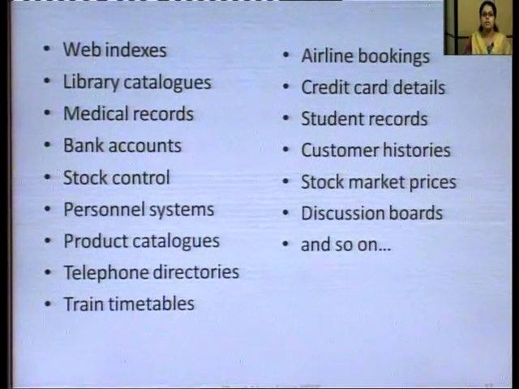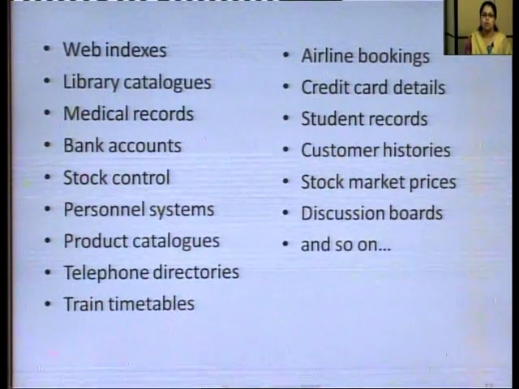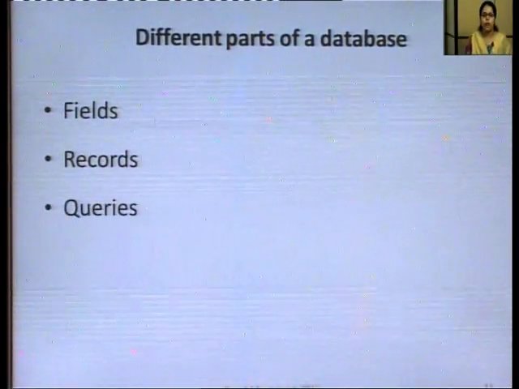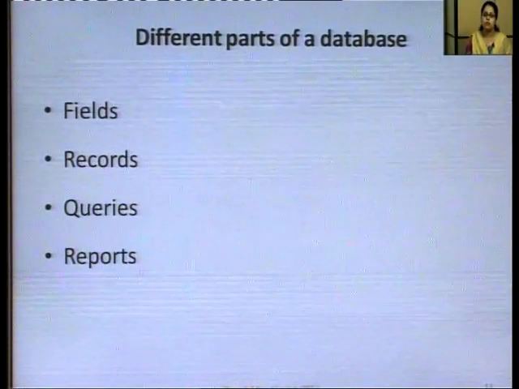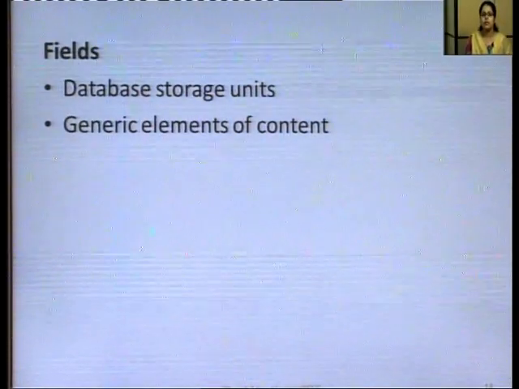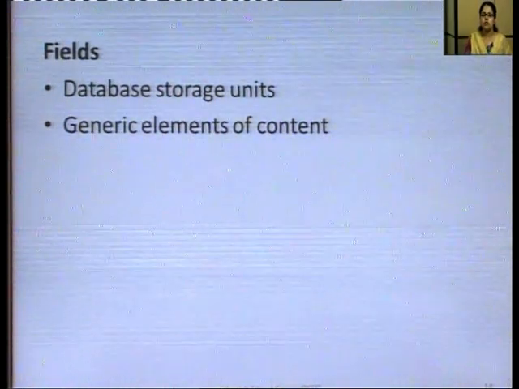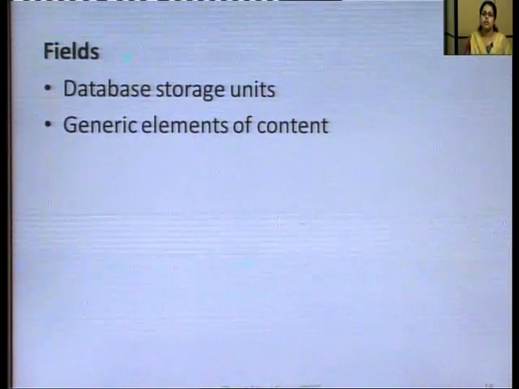So all these are the examples which today use the concept of database. Different parts of a database are fields, records, queries, and reports. So what are fields? These are basic database storage units, or you can say these are the general elements of content.